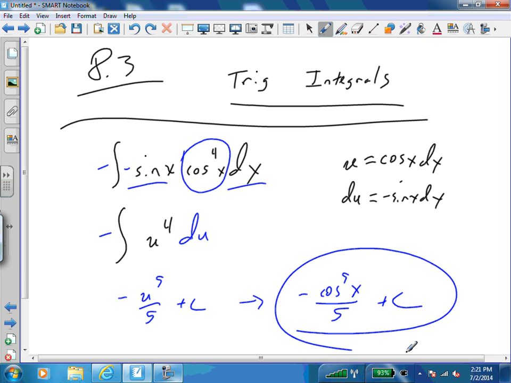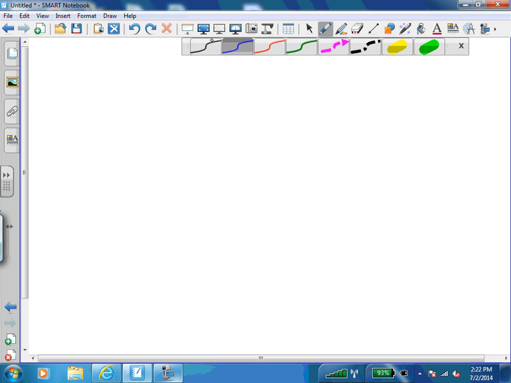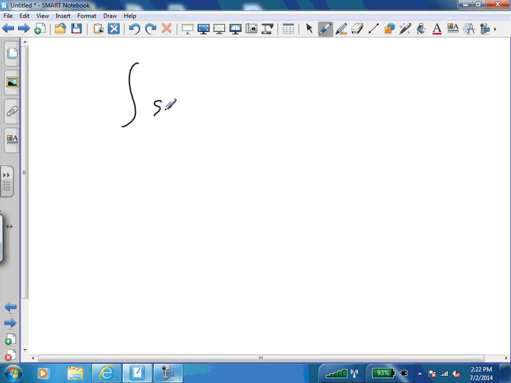Let's see. Even if we change that problem just a little bit, let's change it to sine cubed so that we still have an odd number of sines.